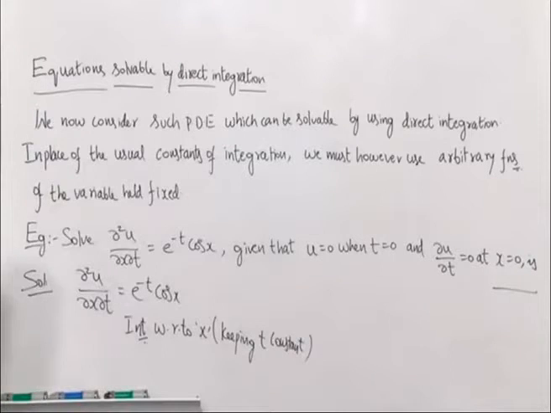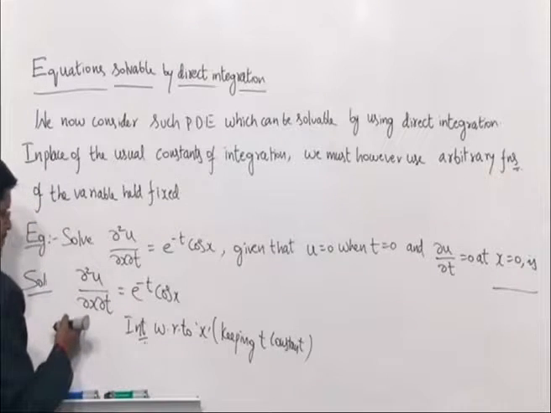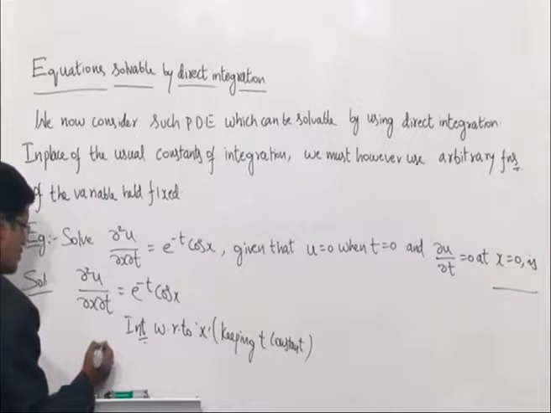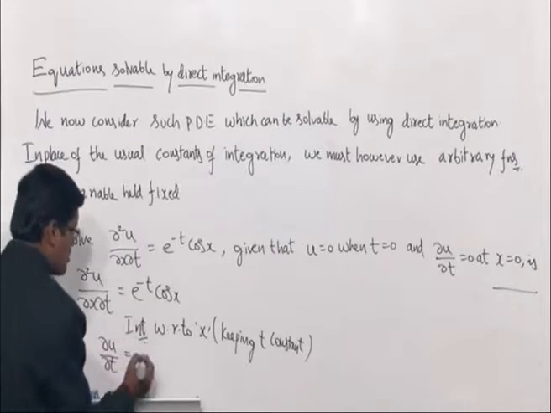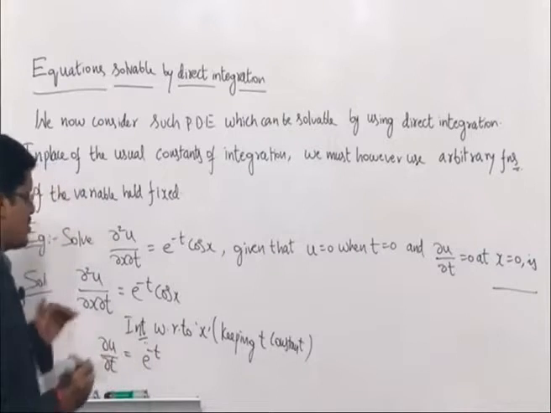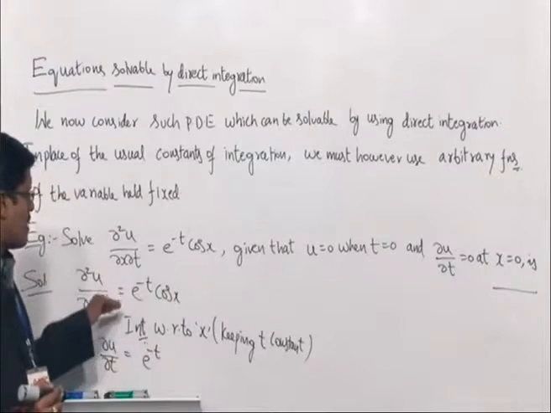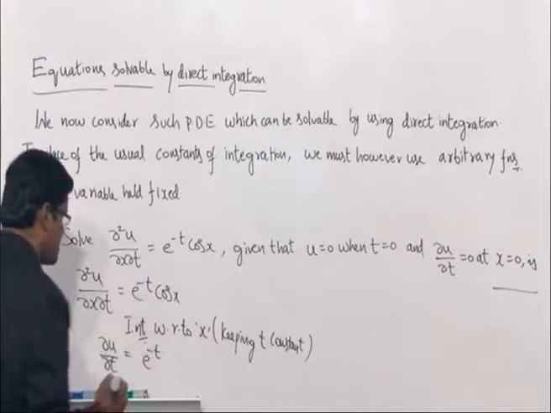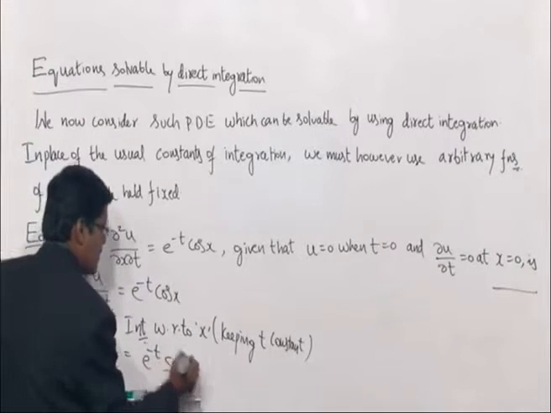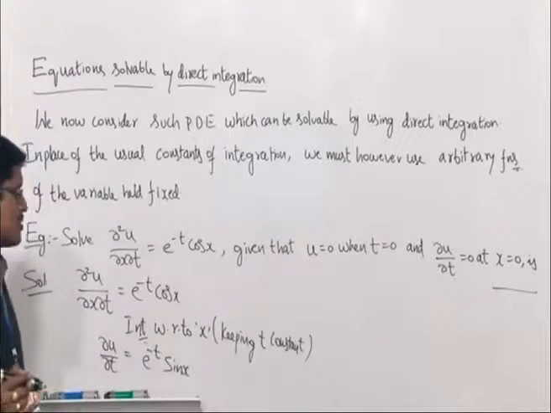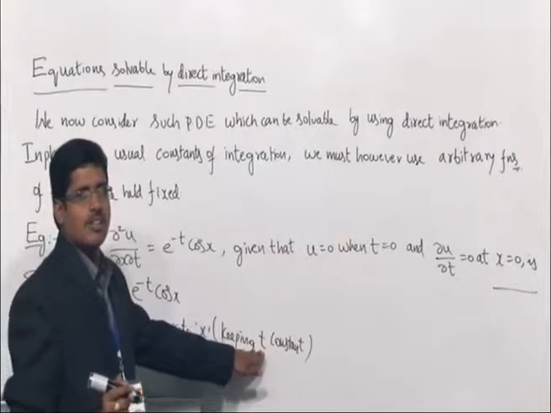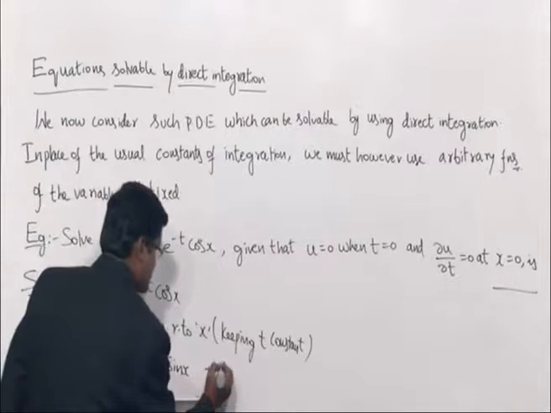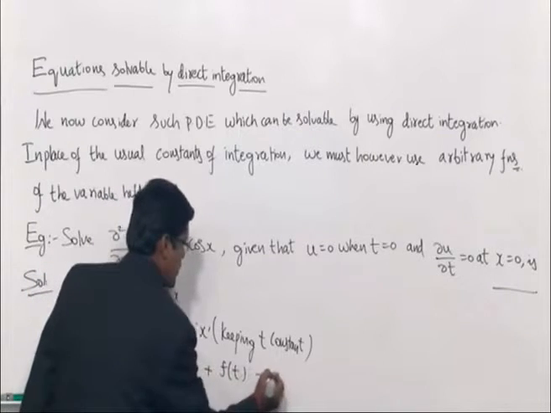So ∂/∂x and integration cancel, which gives ∂u/∂t equal to, integrating with respect to x, e^(-t) constant, because it is a multiplicative constant and integration will not affect it, and the integral of cos x is sin x. After integrating, generally we add a constant. Instead of adding a constant, you add an arbitrary function of t, because we keep t constant here, plus some f of t. Equation 1.